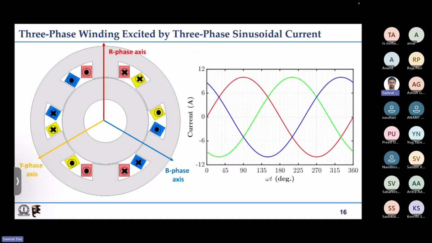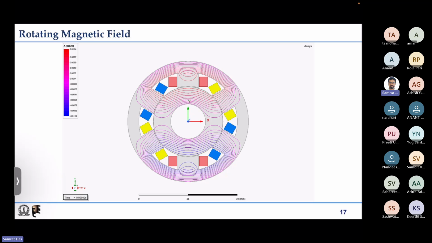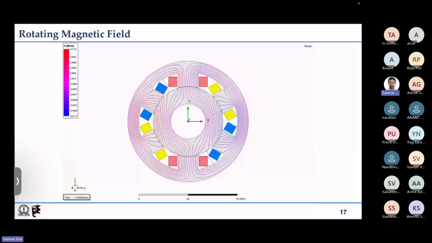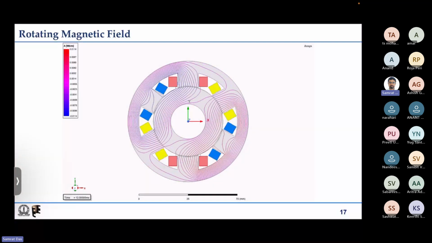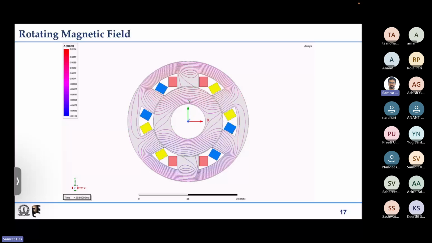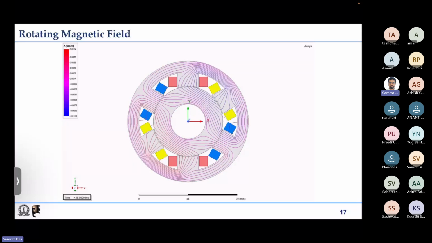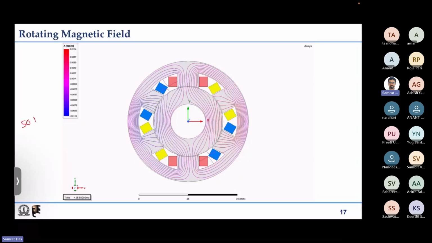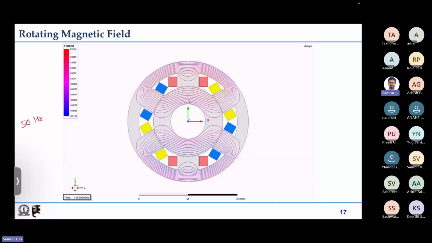So if we inject three phase sinusoidal currents to this winding, then we saw in the animation that we will have a revolving magnetic field, a magnetic field rotating at the speed corresponding to the electrical frequency. Because we have given 50 hertz of excitation, what does 50 hertz mean? 50 hertz means 50 cycles.